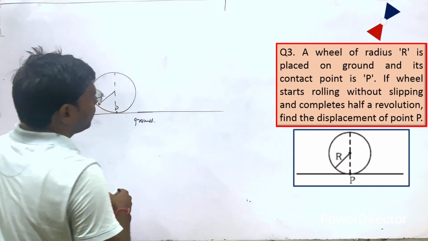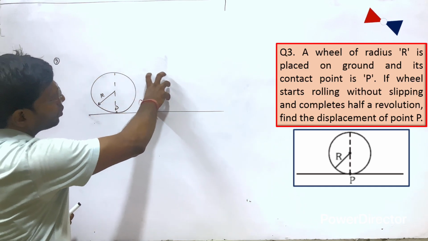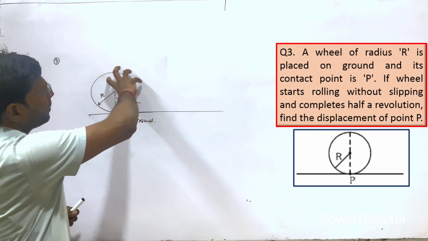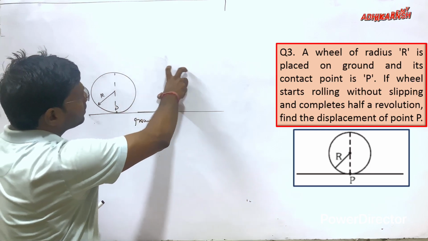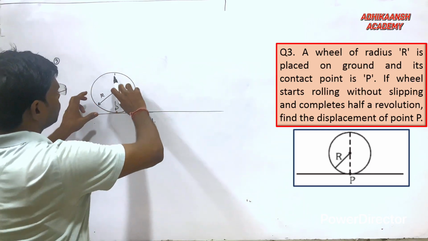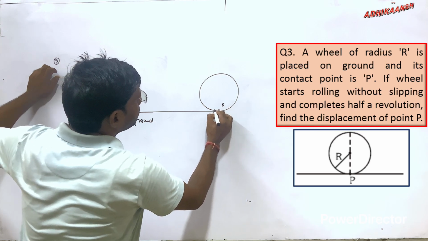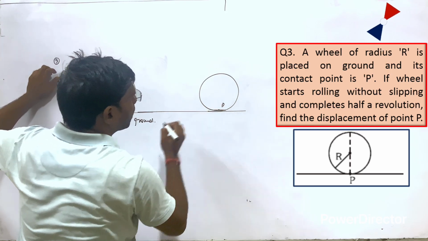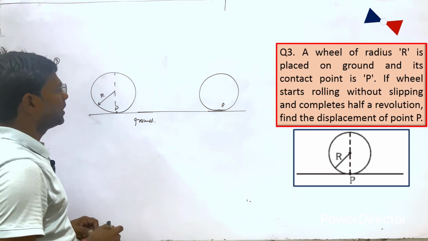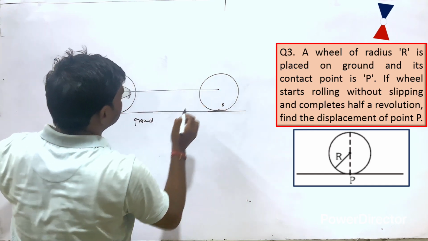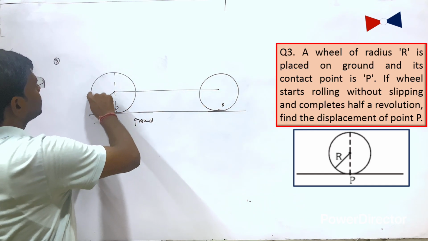And you tell me, when this wheel is rolling on the ground and it completes one revolution, the point P will come over the ground again. Are you getting or not? And this is the center to center distance. So what is this distance?